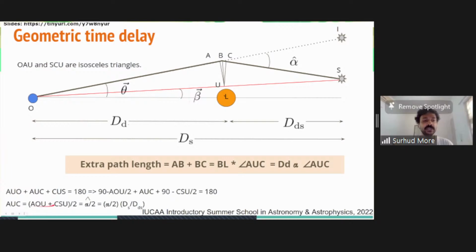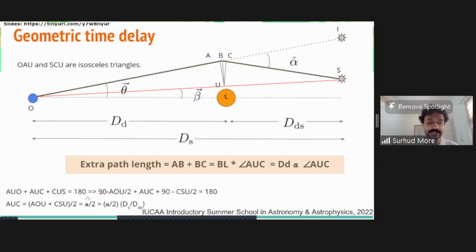Now you can also use the equation BUO plus AUO plus UAO and then AOU, which is equal to 180, which means you can write down this angle AUO in terms of this angle.